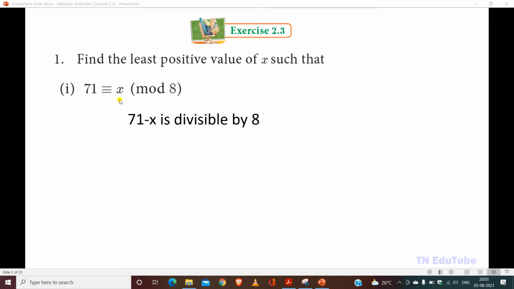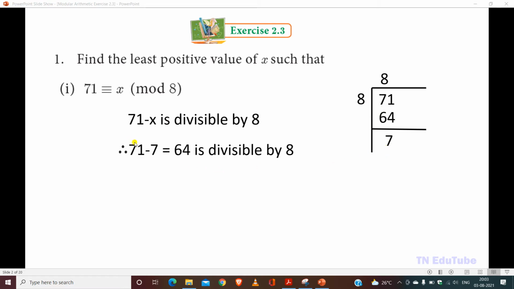According to the definition, when you take x on the left-hand side, 71 minus x is divisible by 8. So which is the least positive value of x such that it is divisible by 8? When you divide 71 by 8, the remainder is 7. 8 eights are 64, balance 7.